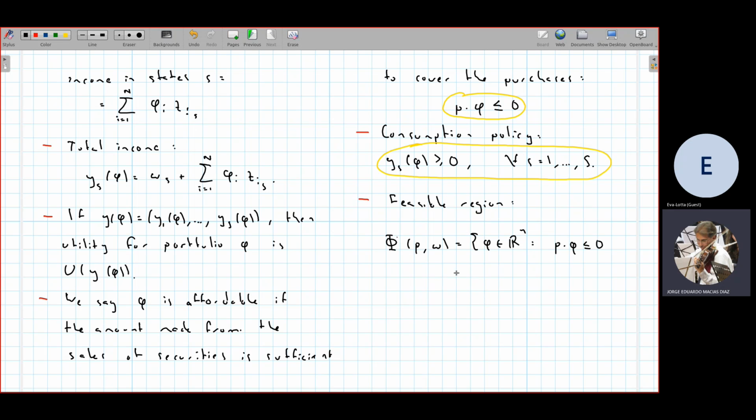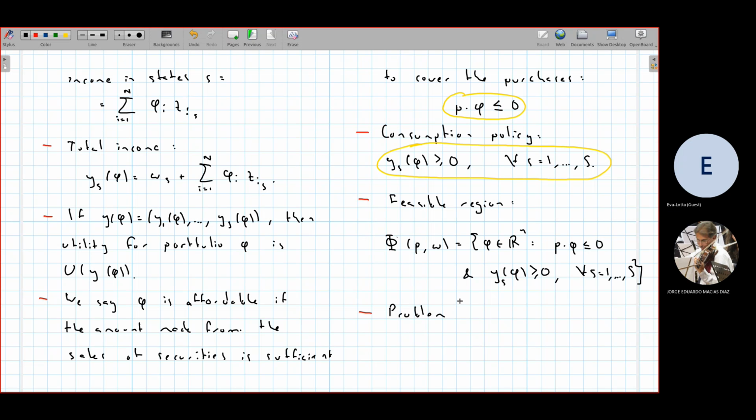So satisfy this first one, and that this vector, okay, I'm going to write down y_s of phi greater or equal to 0 for all s from 1 to capital S. And the problem, finally, is going to be again a parameter dependent problem.